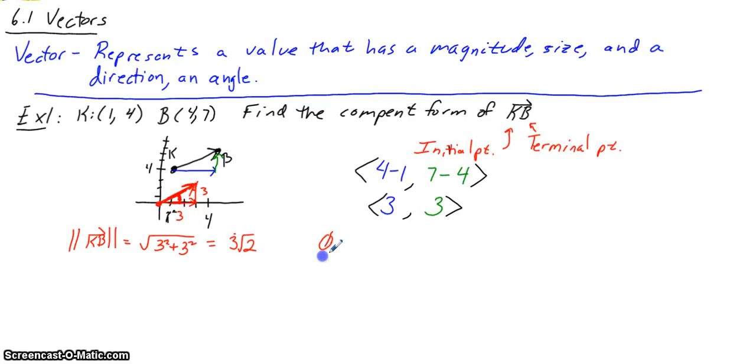So the tangent of theta, the angle, is the y over the x. Oh, we know that one. That goes without saying. And what can we use, radians or degrees? Well, most of the time it's degrees. Sometimes radians slip in, depending on what the instructions say.